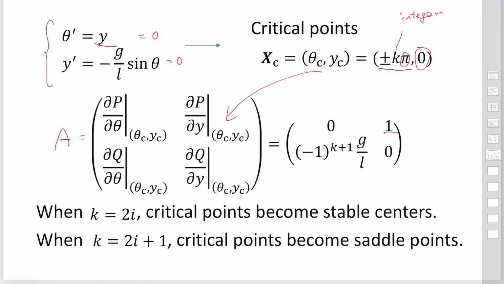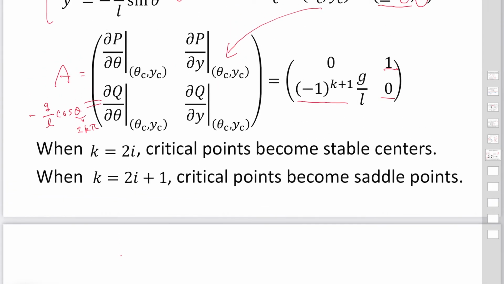The derivative of Q with respect to theta becomes minus g over l cosine theta. Then you can substitute theta equals plus minus k pi, so it becomes minus 1 to the k plus 1 times g over l. And Q is not a function of y, so that derivative becomes 0.